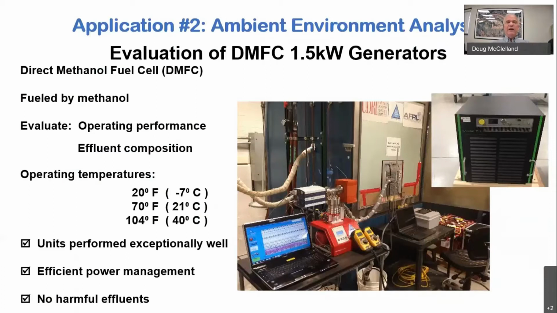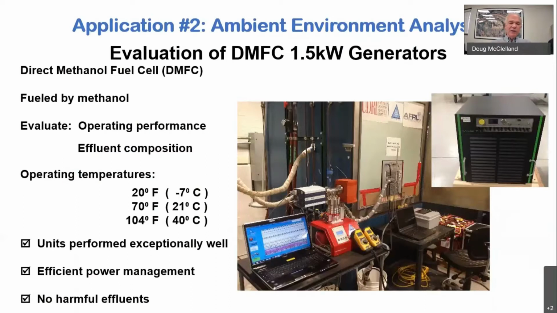So we do what is called an environmental stress screening of the product. So not only are we evaluating the product, but we're operating it in real world conditions and environments that you would expect. So we've got the unit under load, the fuel cell's producing power, that power is being drained, it's producing more. We're operating it in an oven.